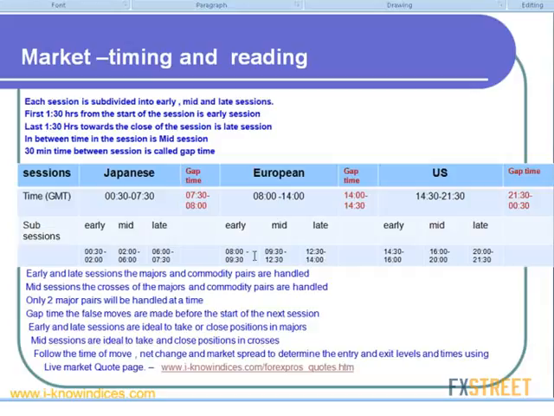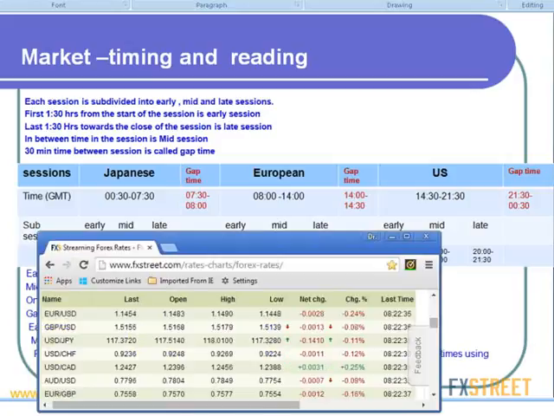So if you're trading in majors, you have to choose the early or the late sessions. If you're trading the crosses, then choose the mid session. And always keep in mind they handle only two pairs at a given time. So identify those two pairs, and those two pairs will show a spread of more than 40 pips between the initial low and the high.